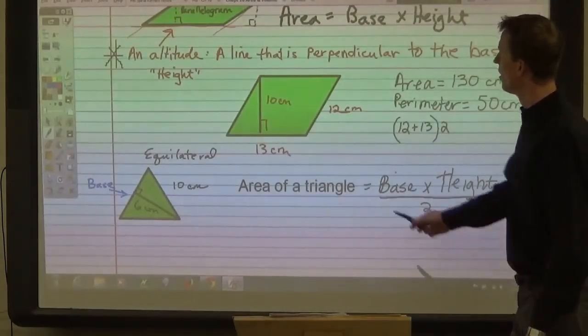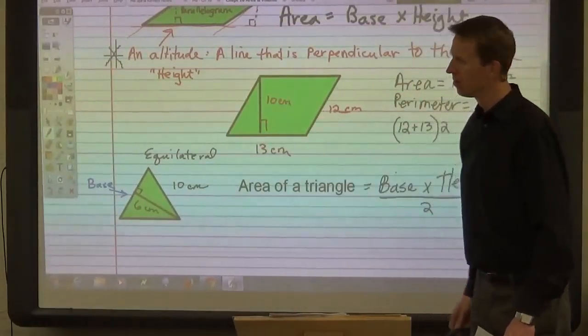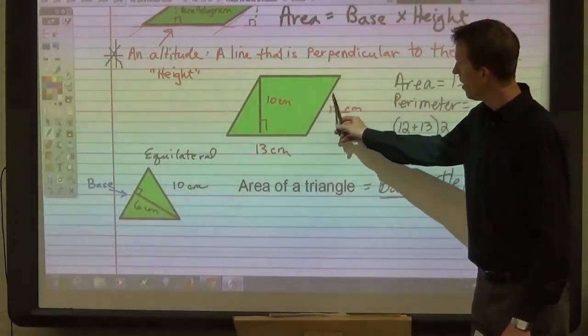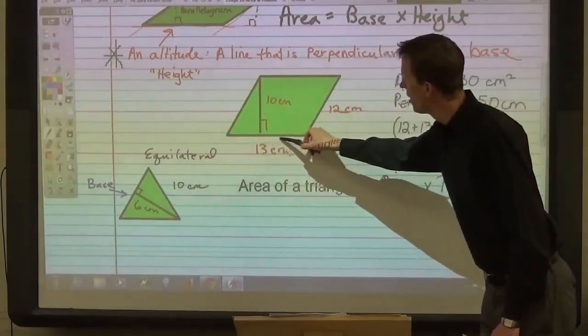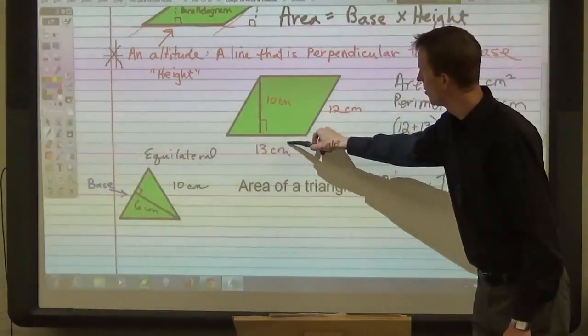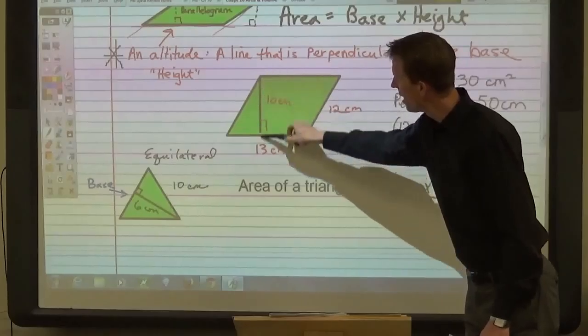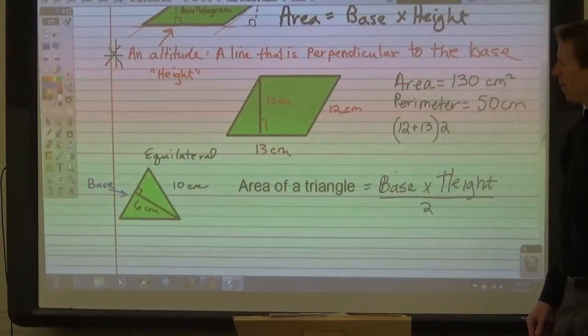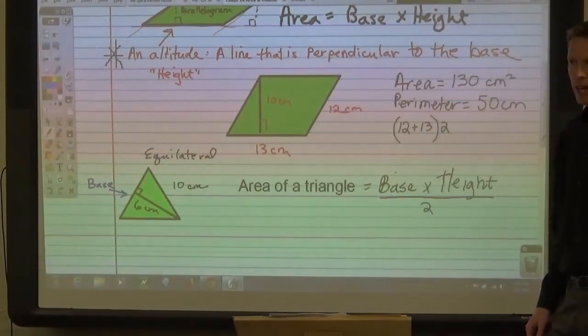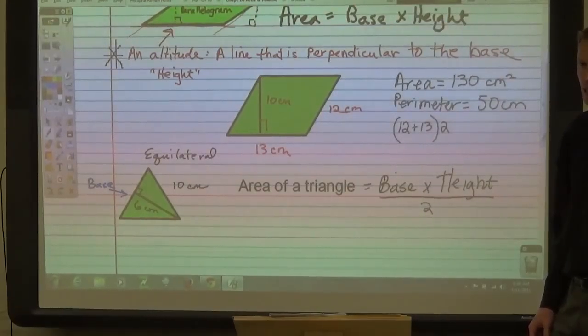Here we have 3 dimensions, don't we? The side is 12 centimeters. This is 13 centimeters. And this line is 10 centimeters. What would we use to find the area? Which numbers? Look for the numbers that are perpendicular. The sides that are perpendicular.